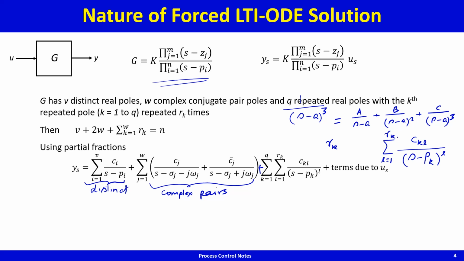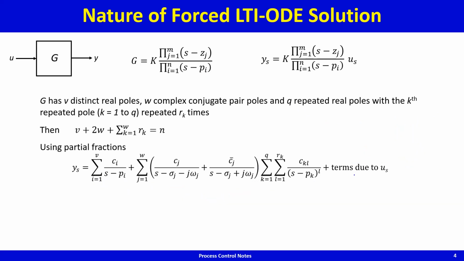This will be the partial fraction for one root, the kth repeated root, which is repeated rk times. And now you will have partial fractions of this kind for all the repeated roots, so you sum over k equal to 1 to q, because there are q repeated roots. So that is this term. And then of course you will have terms due to the forcing function.